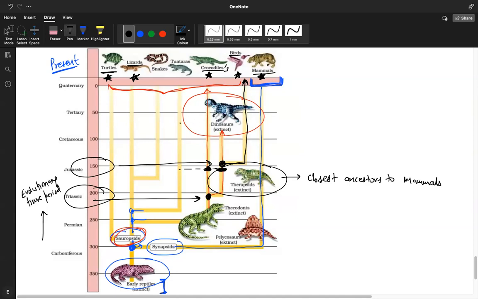So in between there are also branching, but just to keep it simple for you to understand, they have not gone into the details of different types or species of mammals. Do you understand, everyone? Okay, very well.